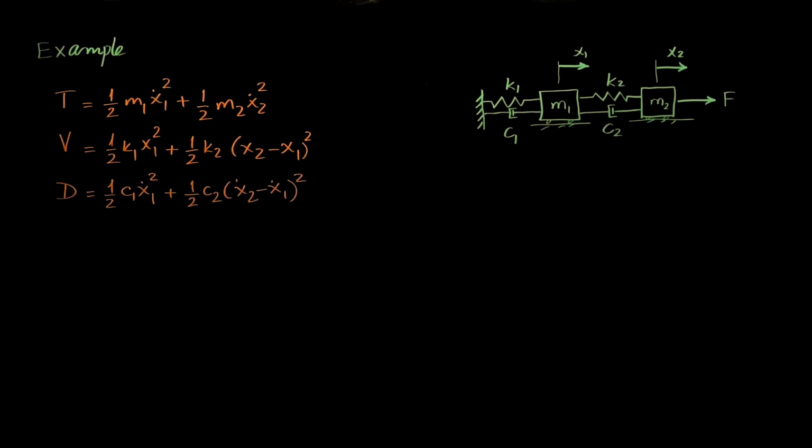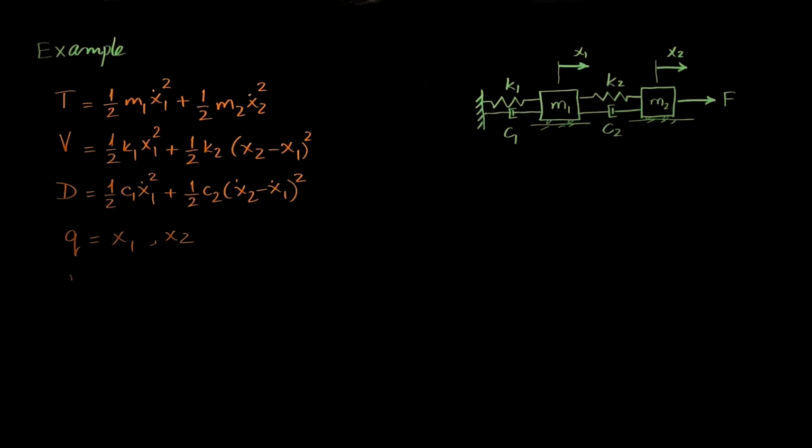So if you flip x1 minus x2, that's also the same. Now the degrees of freedom, q, are x1 and x2. So I will have to apply the Lagrange equation twice, once for x1 and the second time for x2.